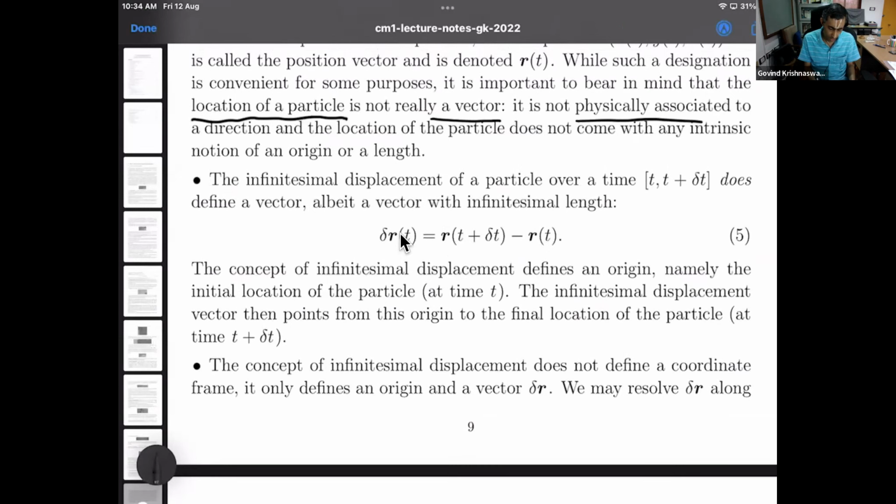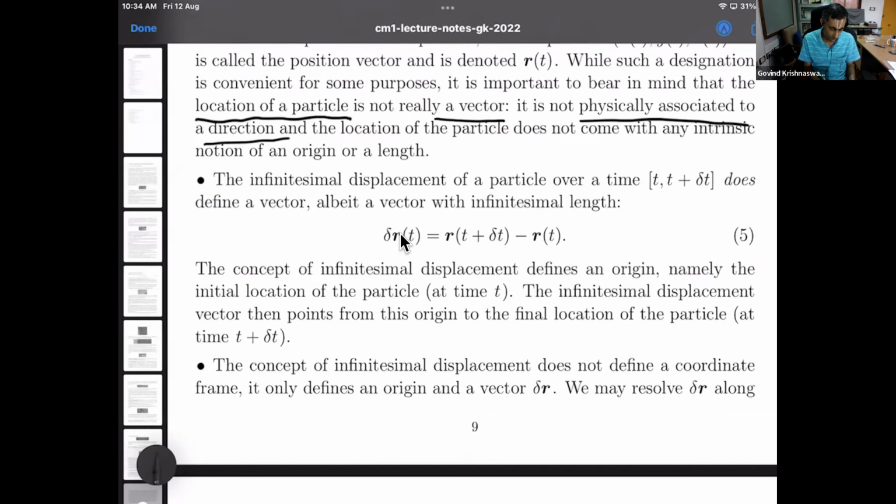It is not physically associated to any direction or any intrinsic notion of an origin or length. But for our convenience, when we study motion in three-dimensional Euclidean space, it is convenient to regard the position of a particle, the location of a particle, as a vector relative to some specifically chosen origin and coordinate frame.